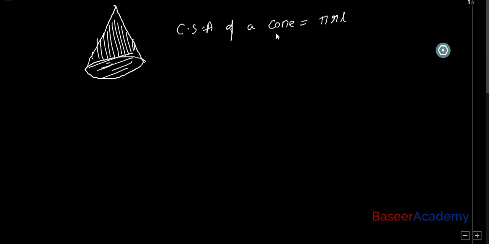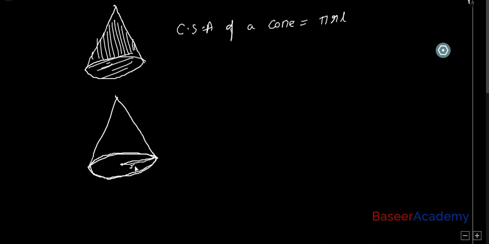First, let us understand how many dimensions or variables are here in a cone. I'll draw a cone for you once again. So that's our cone here. We understand that the base of a cone is in the shape of a circle, right? And a circle would obviously have a radius.